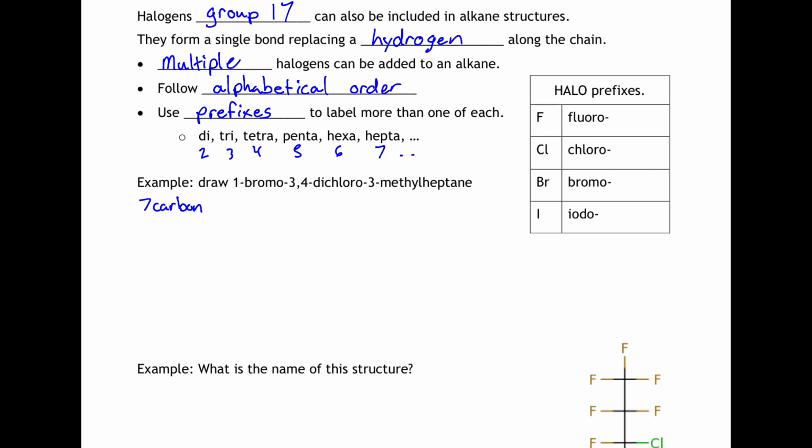And we're going to have a whole bunch of different groups on it. So I'm going to start by drawing my 7 chain here. 1, 2, 3, 4, 5, 6, 7. And I'll just start numbering it from the left because that makes it easy. I get to put them wherever I want. I might as well go left to right like our normal numbering system works.